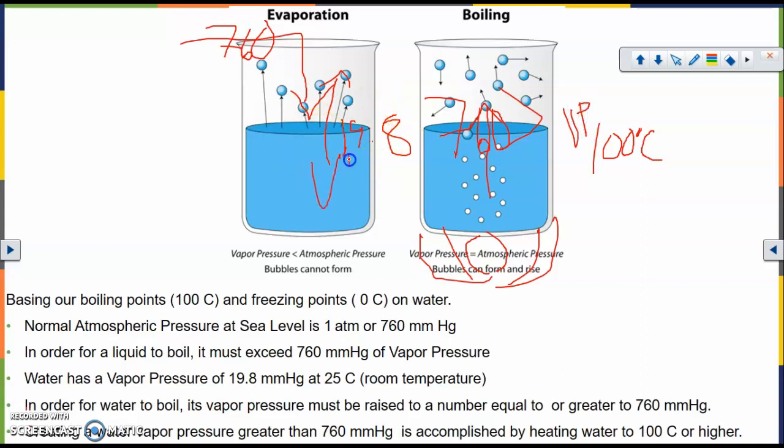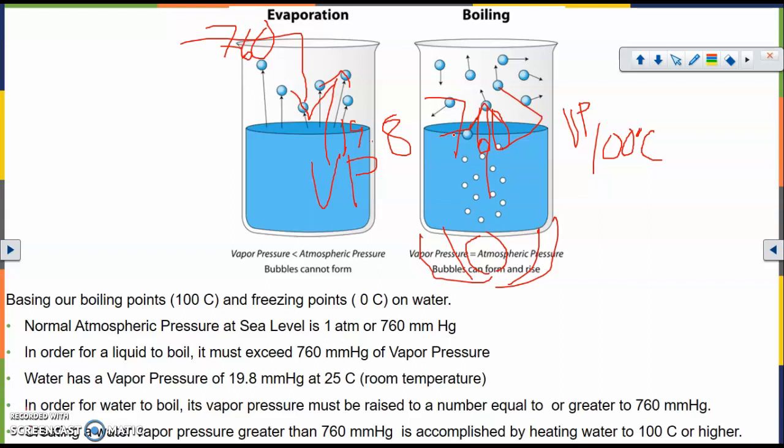The vapor pressure, which is the pressure exerted by the liquid, and the atmospheric pressure, which is the pressure exerted by the atmosphere, whatever is air outside. So the way that water boils is that it has to exceed the 760 millimeters of mercury of pressure that is being exerted by the atmosphere. Think about it this way: think about atmospheric pressure as someone pushing someone down.